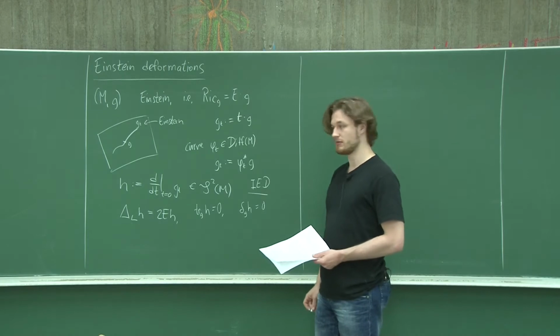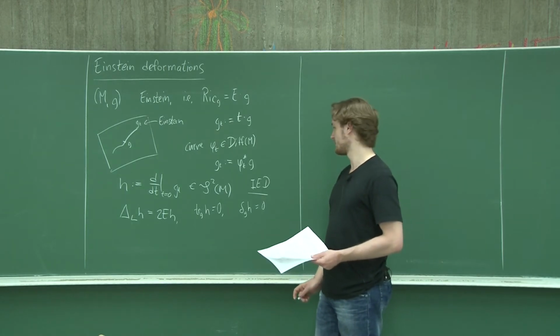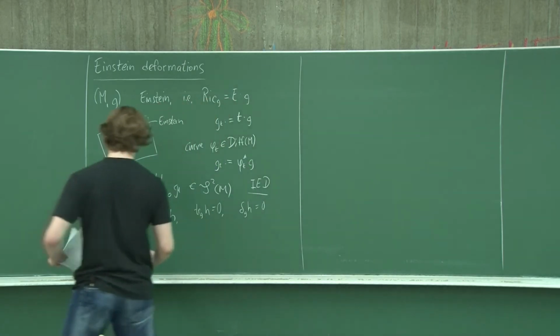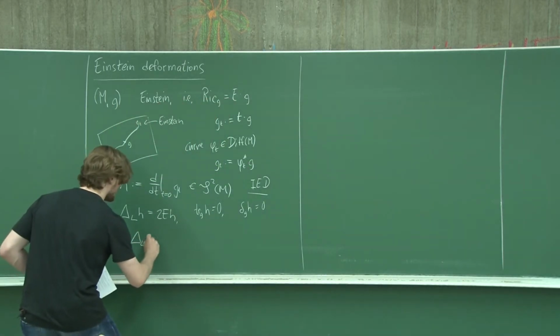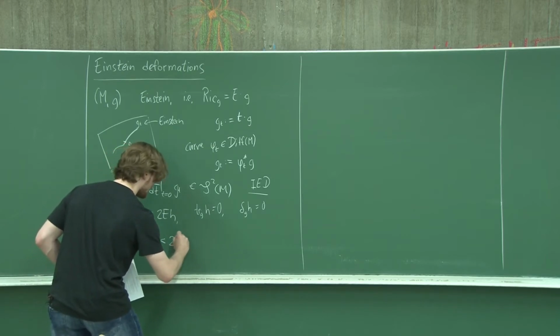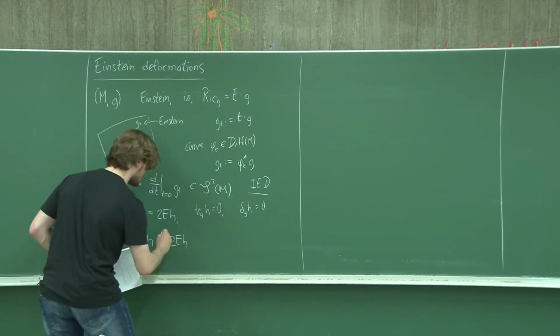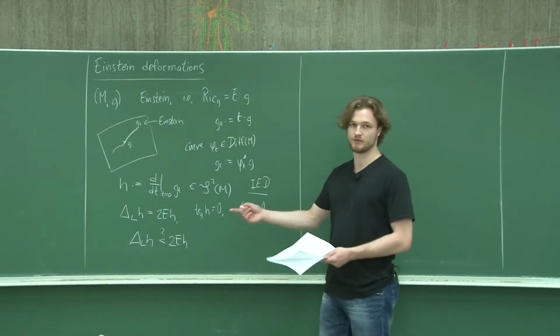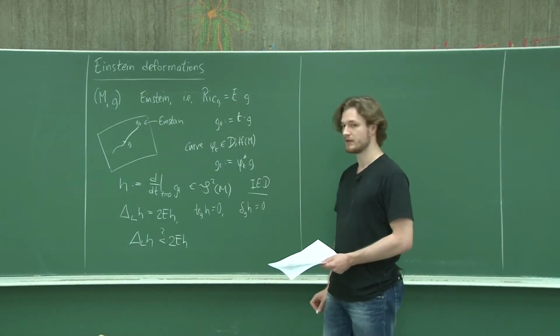And also, we are in principle interested in smaller eigenvalues of this Laplace operator. So we can ask, what about Laplace L h smaller than 2E h? So are there smaller eigenvalues of this operator?